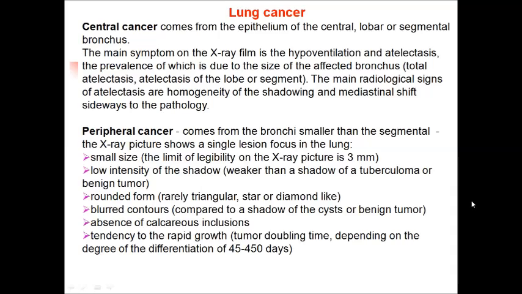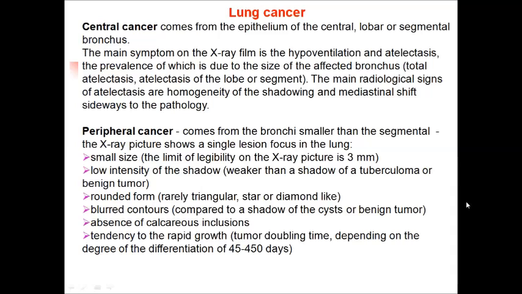The main radiological signs of atelectasis are homogeneity of the shadow and mediastinal shift sideways to the pathology, pulling up to the pathology. Peripheral cancer comes from bronchi smaller than segmental, and the X-ray picture shows a single lesion focus in the lung. Characteristic of this focus is small size.